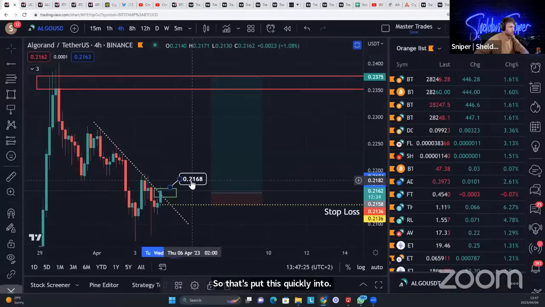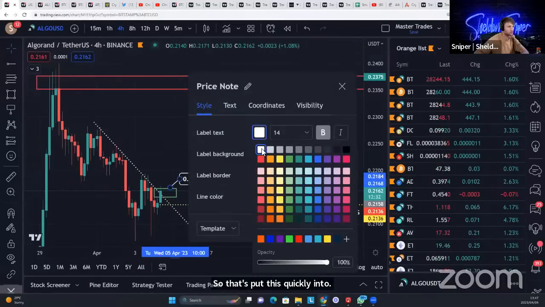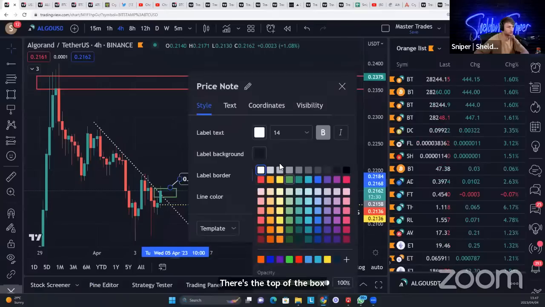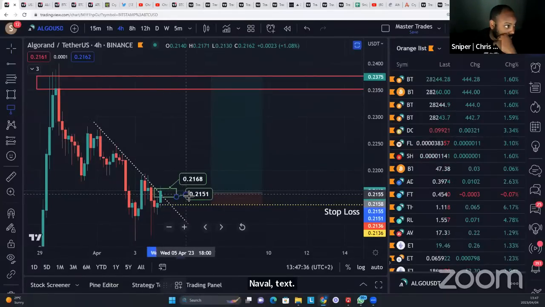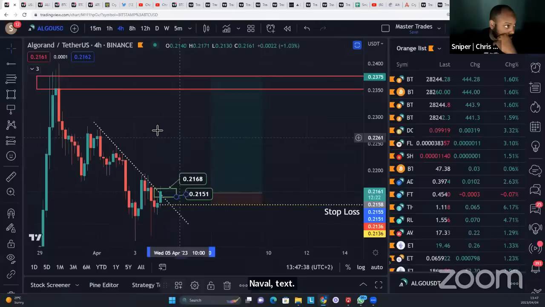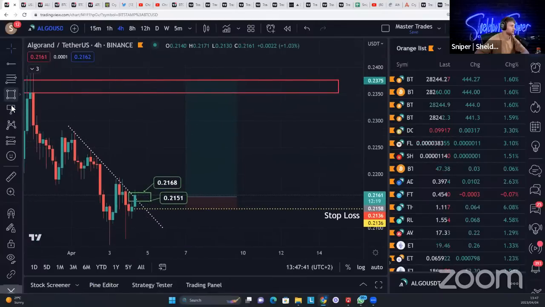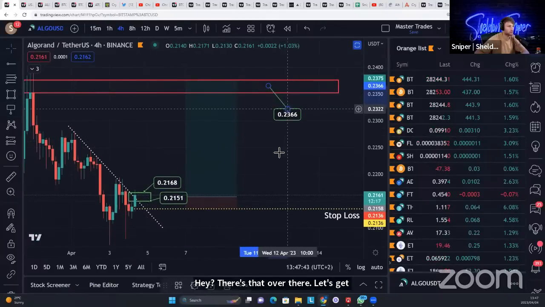There's the top of the box. Label text. Okay, there's that over there. Let's get a TP point over there.